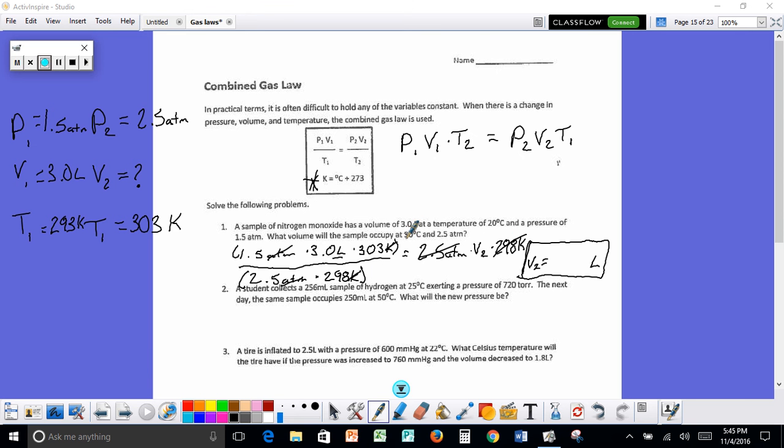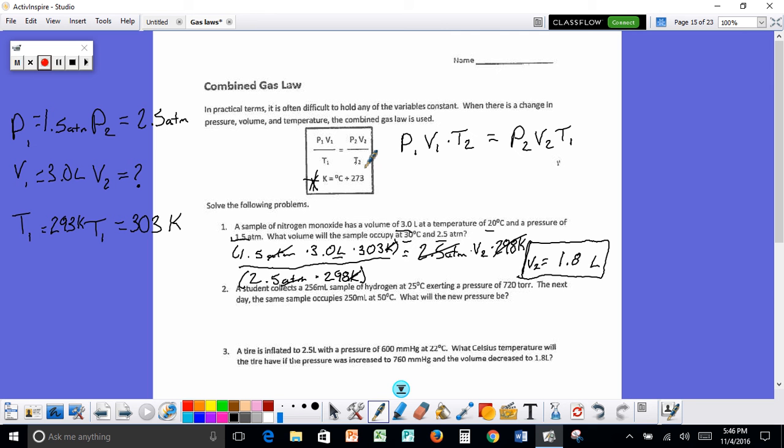Looking back at my problem, all the givens have 2 sig figs. So I'm going to report my answer in 2 sig figs. So when I look at this, I will report it as 1.8 liters.